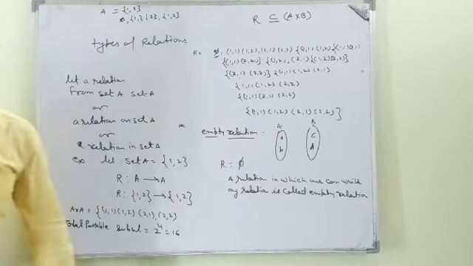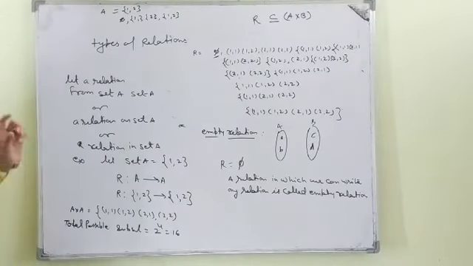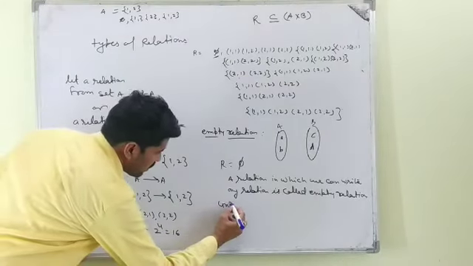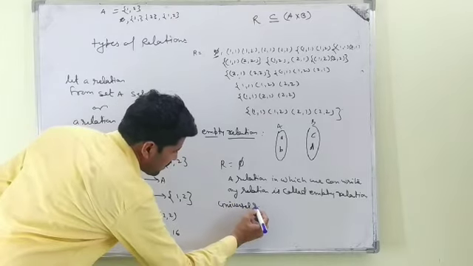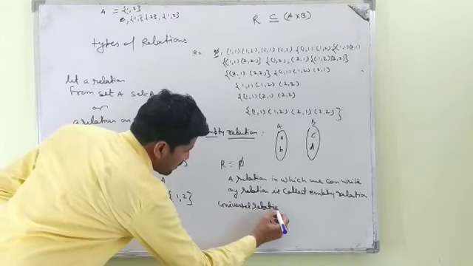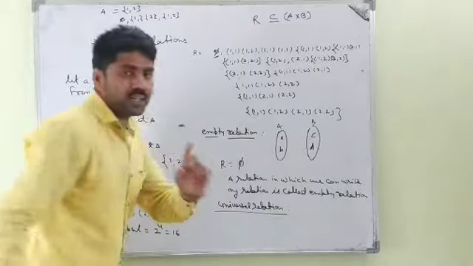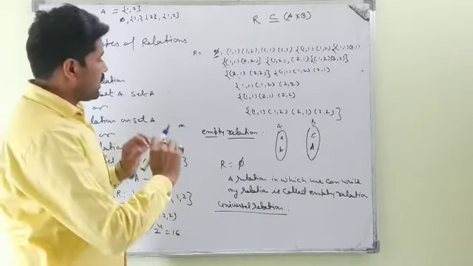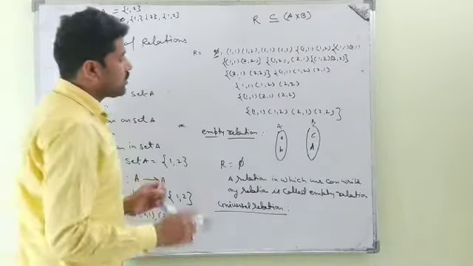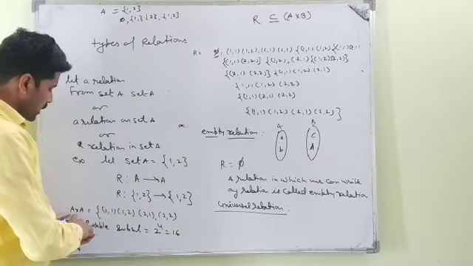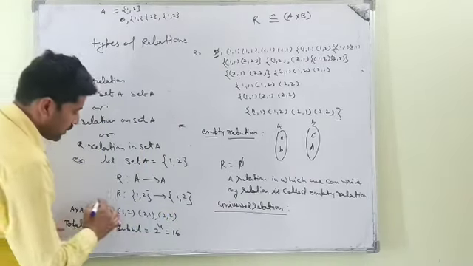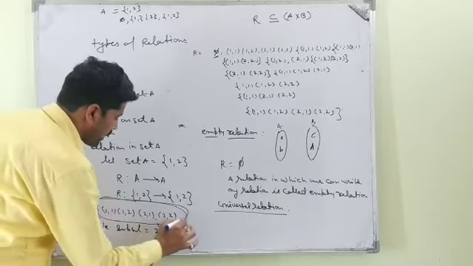Very simple, empty relation. And after that, universal relation. Universal relation means the Cartesian product itself is like this. This is called the universal relation.